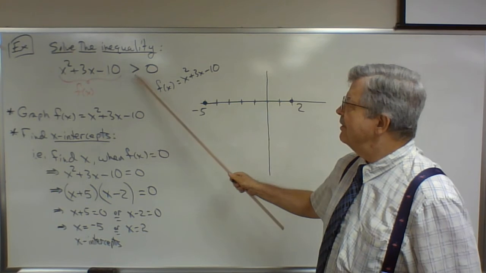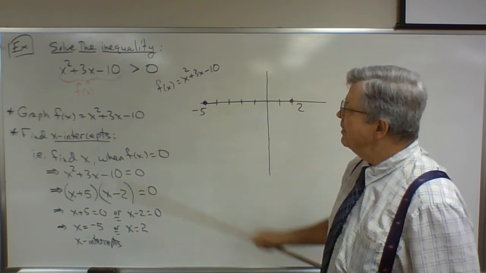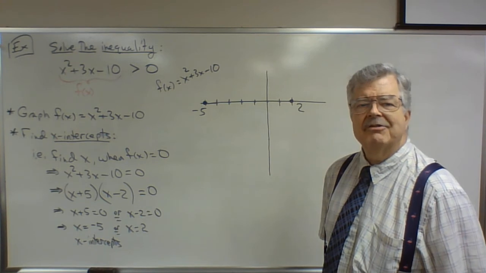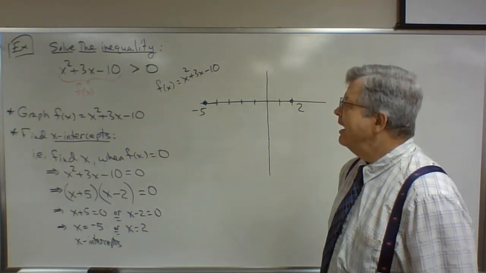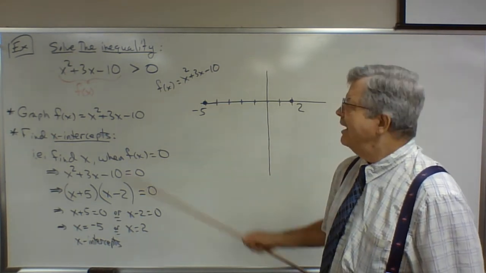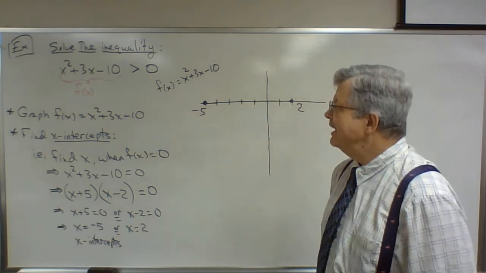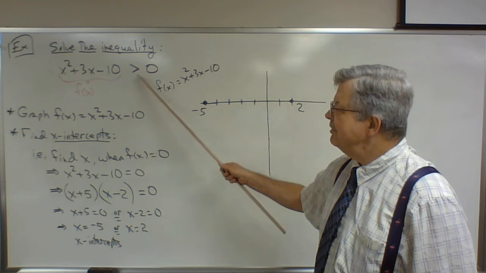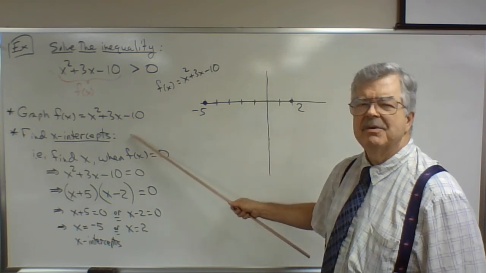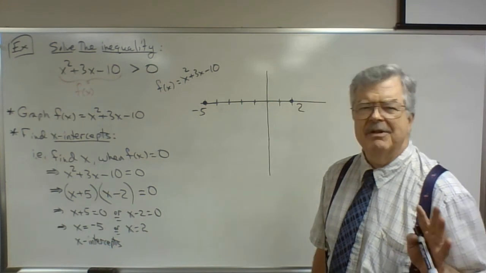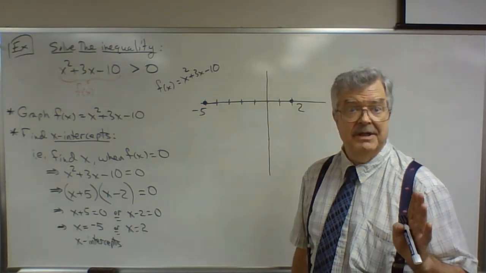We want to know where this thing, oh, wait a minute. We wanted to know where this is positive. Well, let's see, our answer was wrong anyway. I found out where this is negative. That's okay. We're going to redo this, but let's not do it the book's way because we did a lot of work, and we worked with a lot of messy numbers and we really didn't have to.